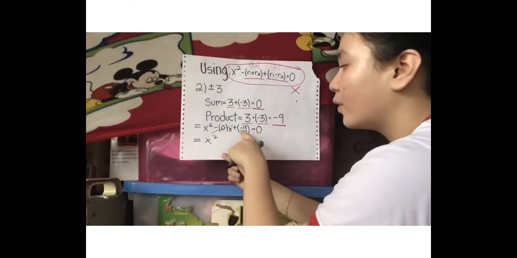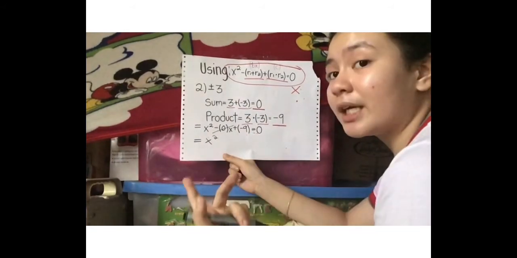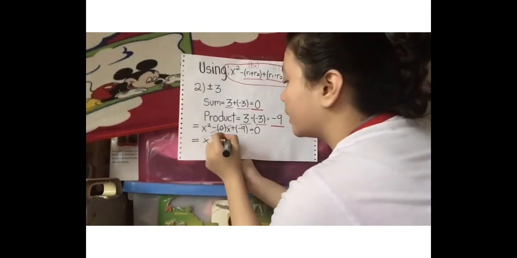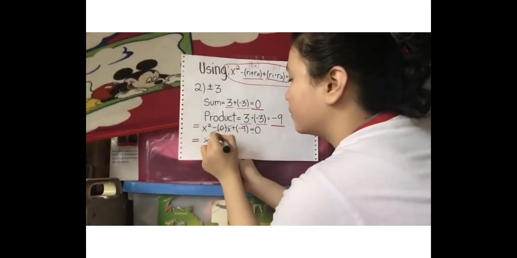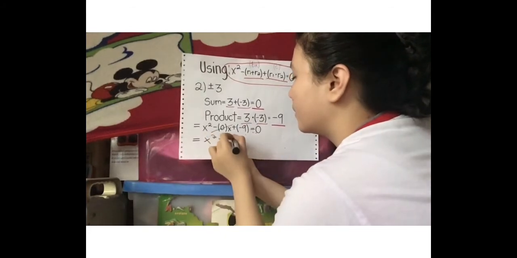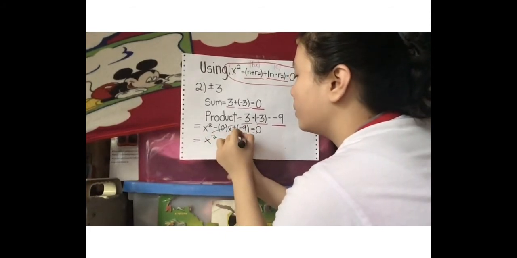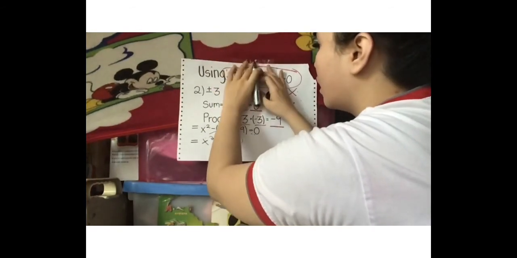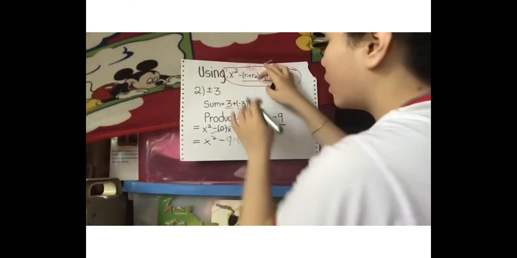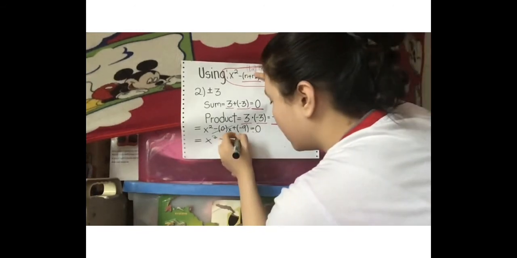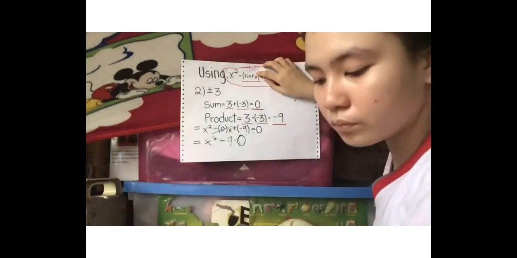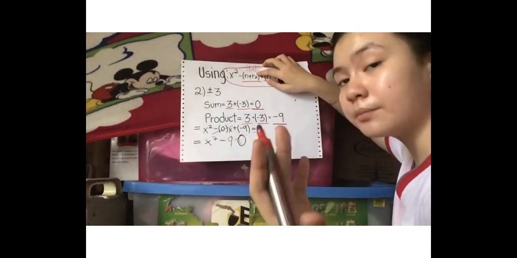We automatically have a negative number. So negative 9 is equal to 0. Always remember to put that 0 on your answer to make it valid, as I said.